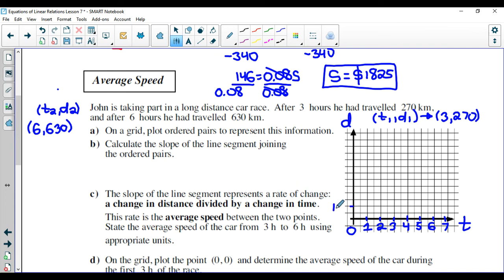So I think what I'll do is I'll make every second grid line go up by 100. So this one would be 100. This one would be 200. This one would be 300. This one would be 400. This one would be 500. And this one would be 600.